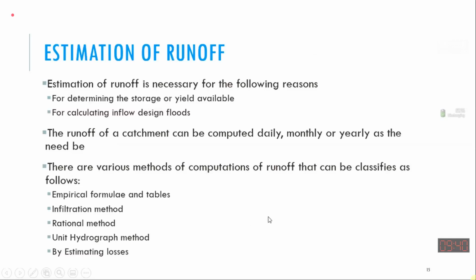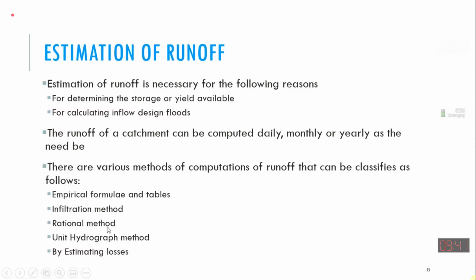So these are some of the factors. We have some formulas available if you cannot measure the runoff. Again, I say a good way is to measure the runoff in the stream by the methods told to you already. If we cannot measure the runoff, then most of the time we have to estimate it, and some formulas have been developed by different researchers. Those can be called empirical formulas, or infiltration based formulas.